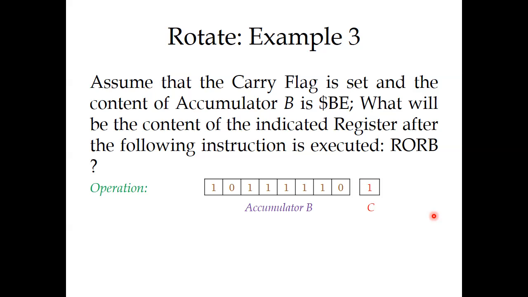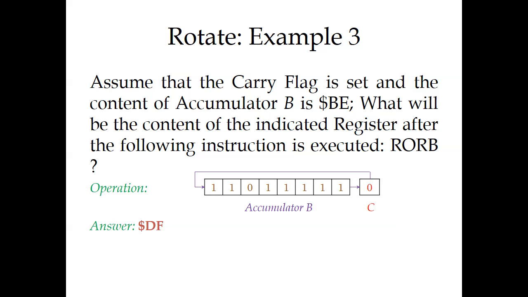Now I'm going to do a rotate right. That means I'll push every single bit one position to the right, and the rightmost bit will go to carry, and carry will come all the way up to this point. It's just one rotation.